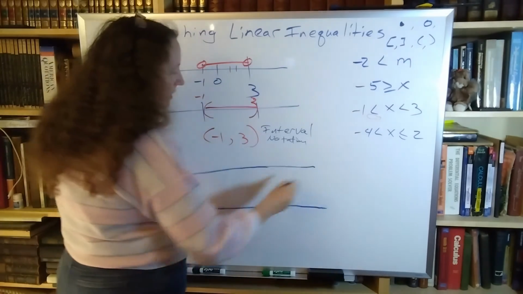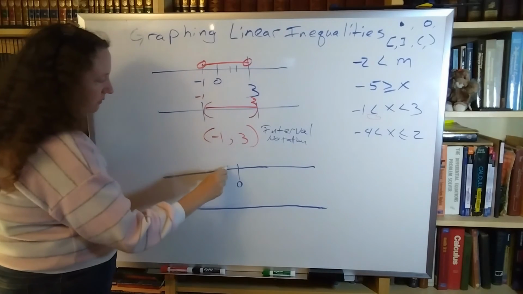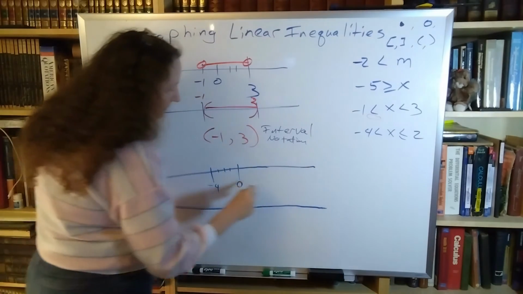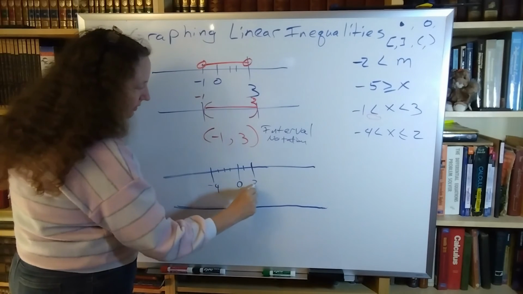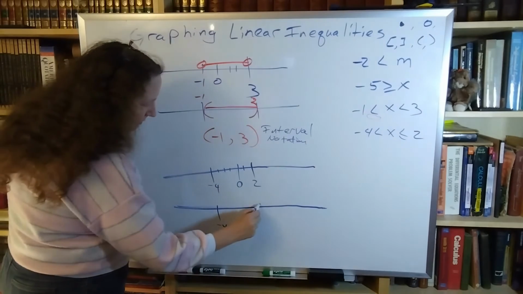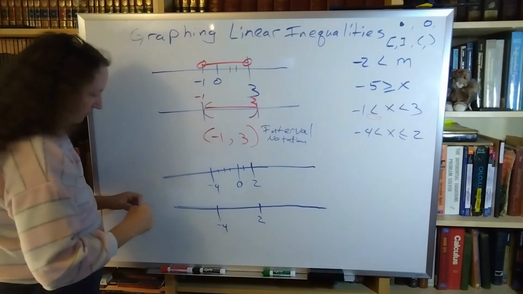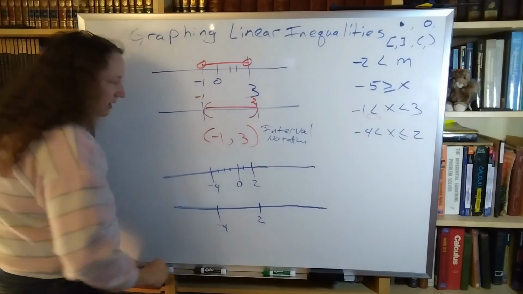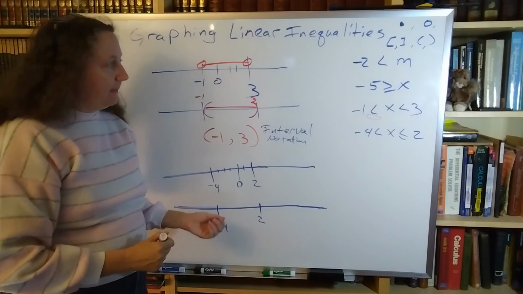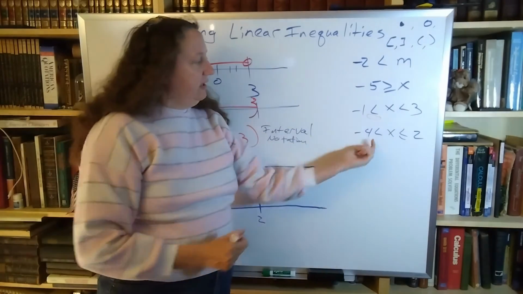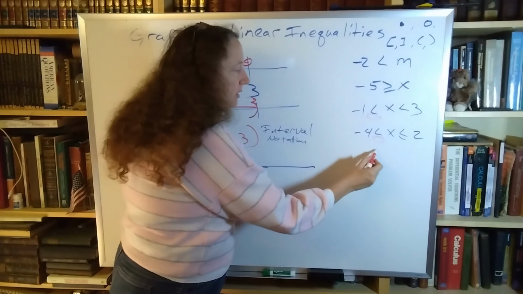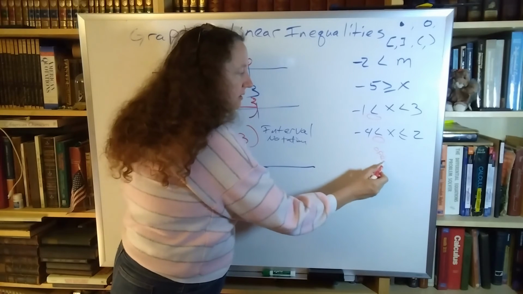So I have -4, 0, 1, 2, 3, -4, to +2. Here's 2. -4 to +2. Using my dot notation, I see that it does not equal, so that's going to be open.